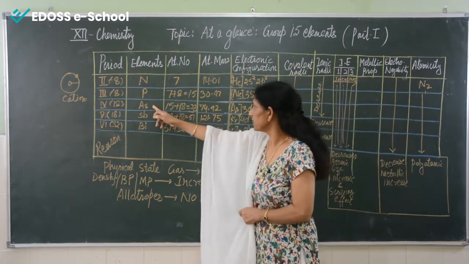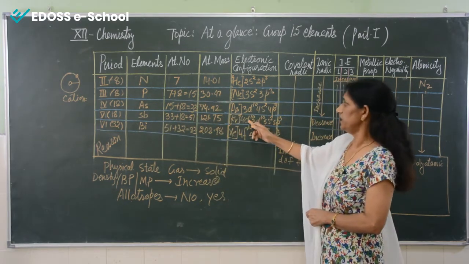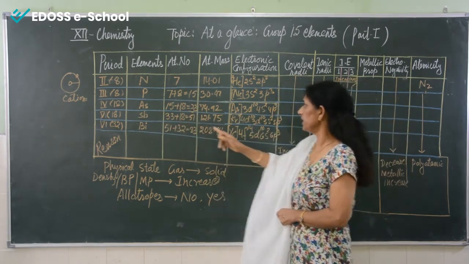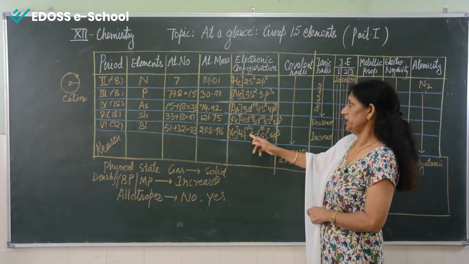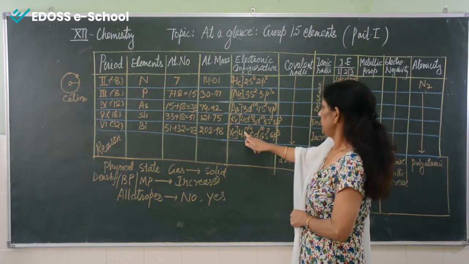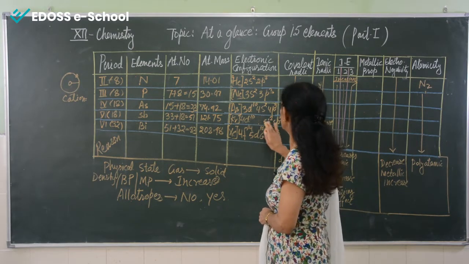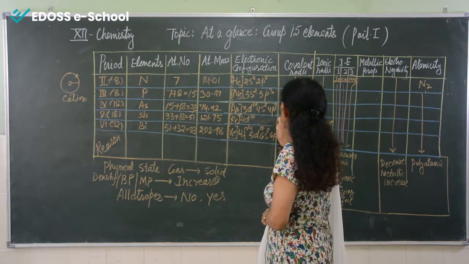And similarly arsenic is also having a d orbital, antimony is also having a d orbital, and bismuth is also having this d orbital. Okay, so in this way we need not write here 3d. So this much you can write here, this is sufficient.